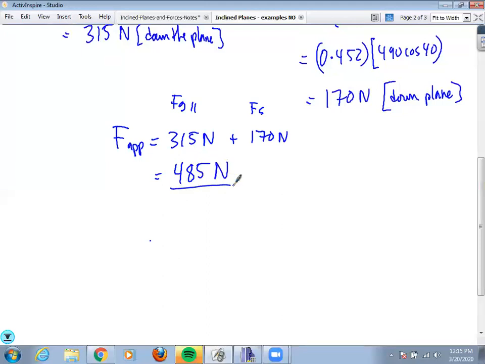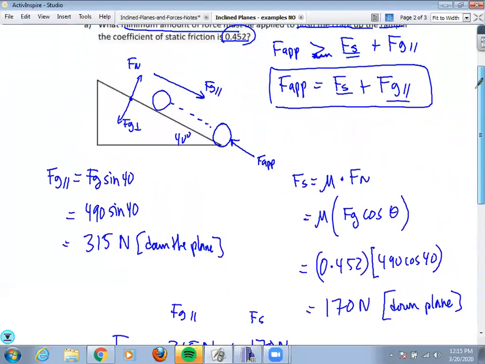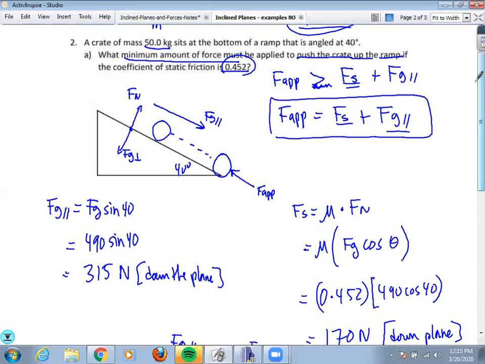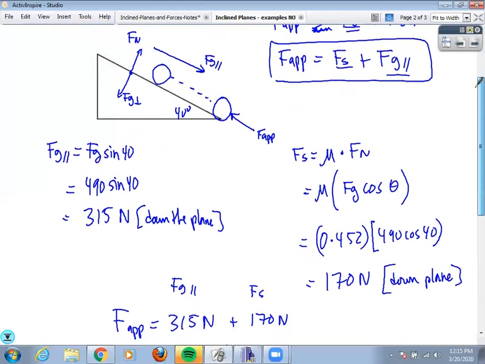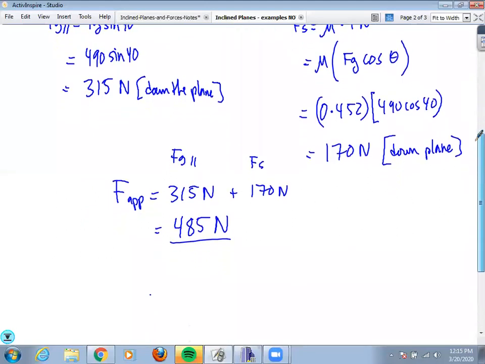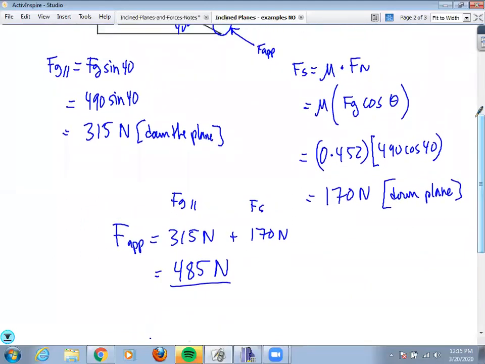That's the minimum force to move the object up the ramp. So I hope that makes sense to you. Inclined planes aren't too bad. The cos and the sine are always associated, cos associated with Fg perpendicular, and the sine is associated with Fg parallel.